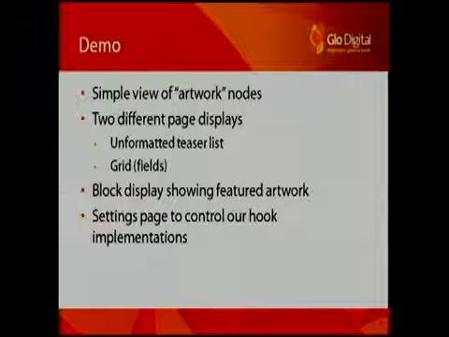For a demo, I've set up a website with a content type called artwork, which is just an artist, an image, a description, and a price. And I've created a view with 2 different page displays, a teaser list and a grid of fields. And then I've also got a block displaying featured artwork.